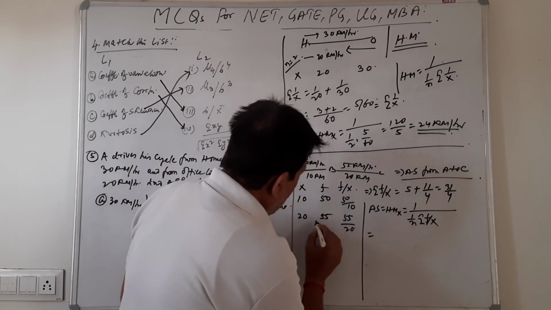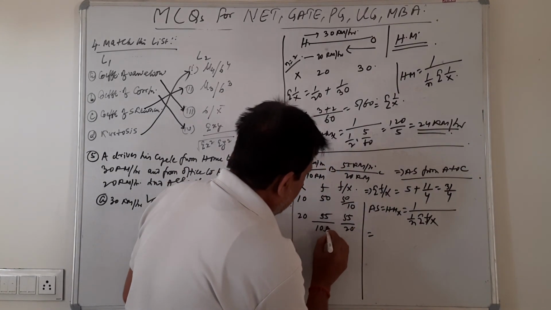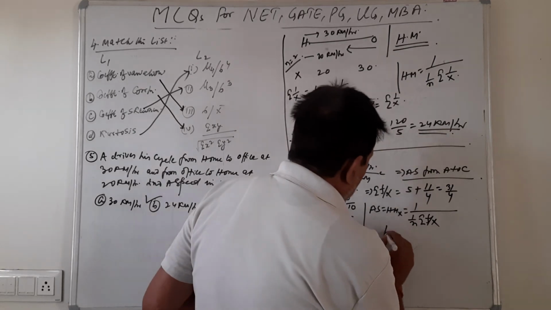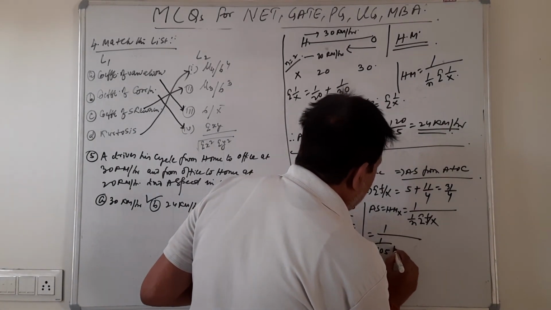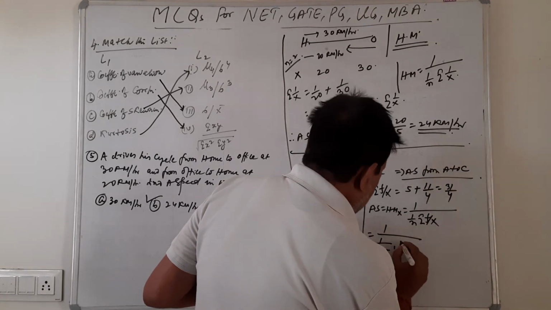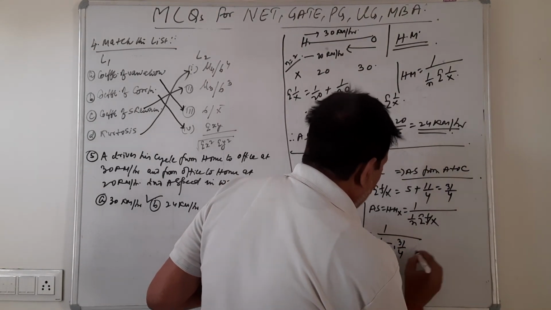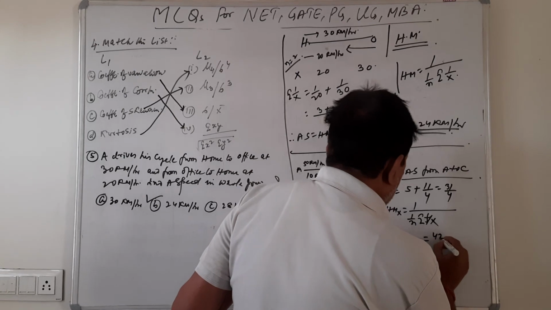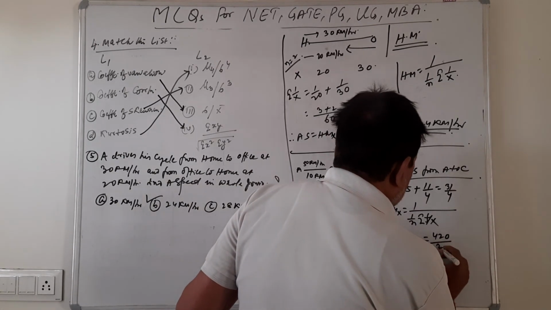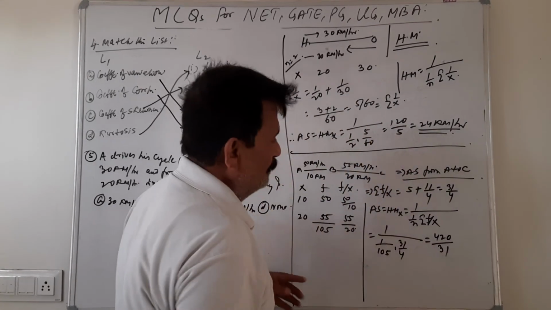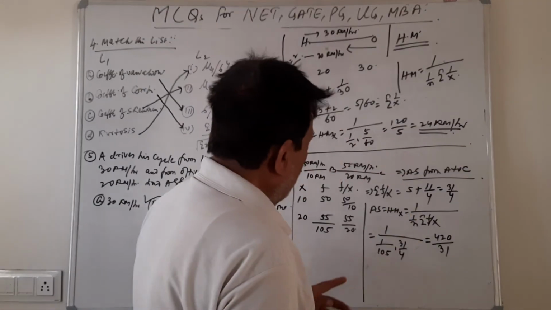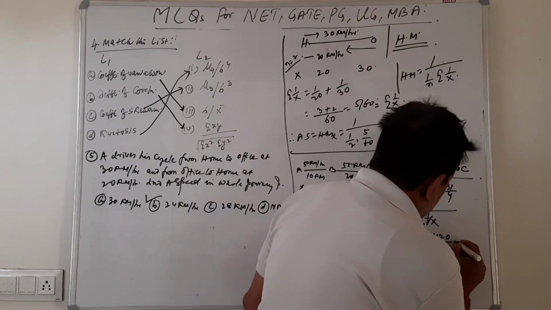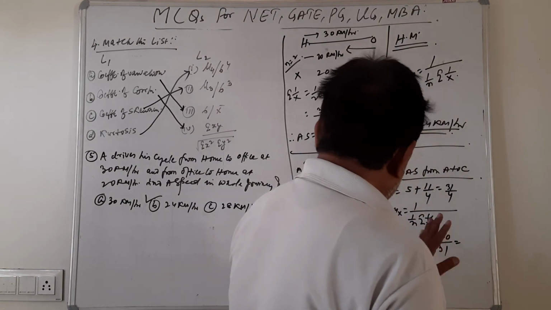N would be the sum of frequencies, that is 105. So 1 upon 1 by 105 into 31 by 4, that is 420 by 31, and this could be calculated and we shall get the value.